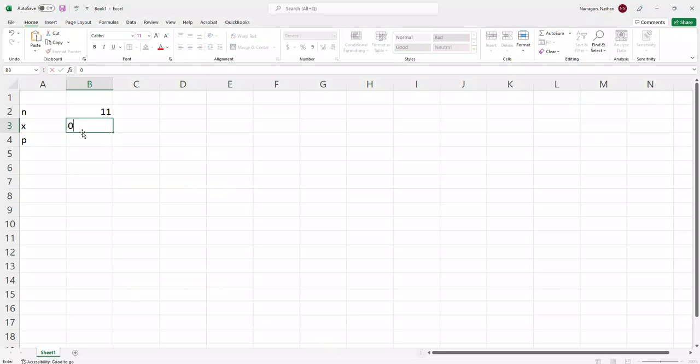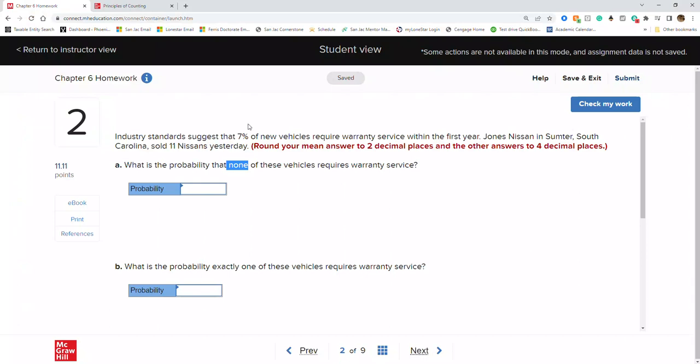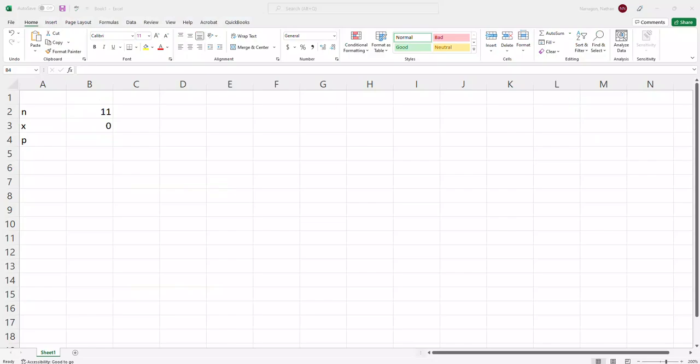And then the probability, or basically percentage. I like to say percentage because it is in percent. The likelihood of how many of these will need warranty work would be 7%. Good old 7%, 0.07.